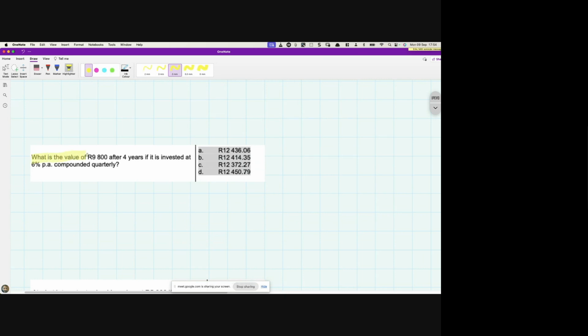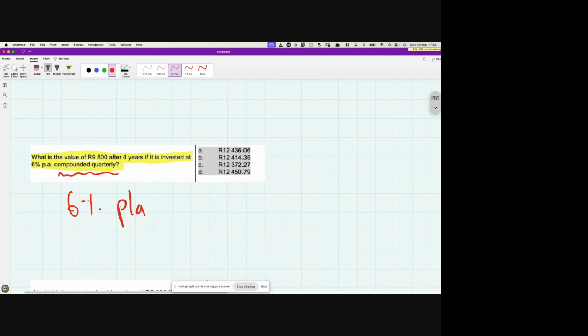What is the value of this after 4 years if it is invested at 6% per annum compounded quarterly? What does compounded quarterly mean? What does it mean when we say we've got 6% per annum, but it's compounded not yearly, it's compounded every quarter?